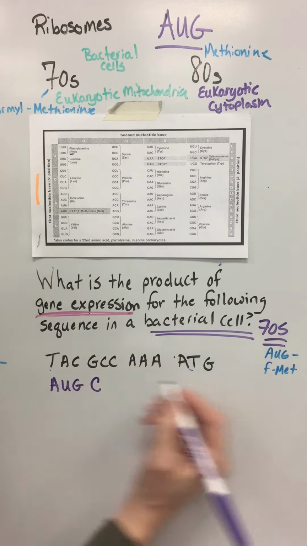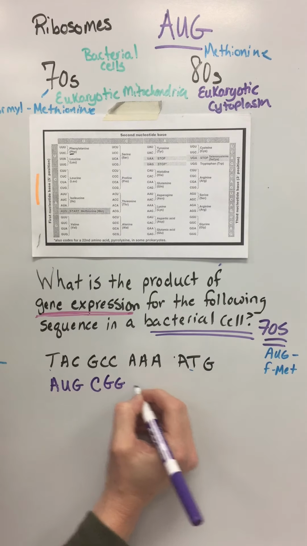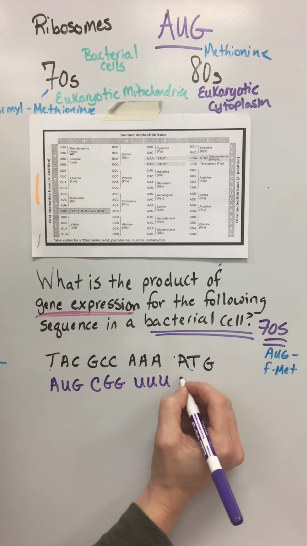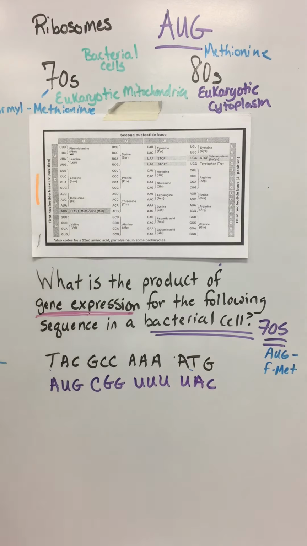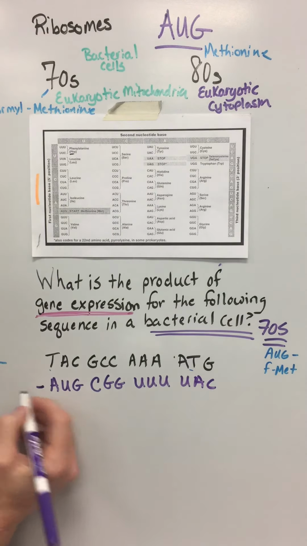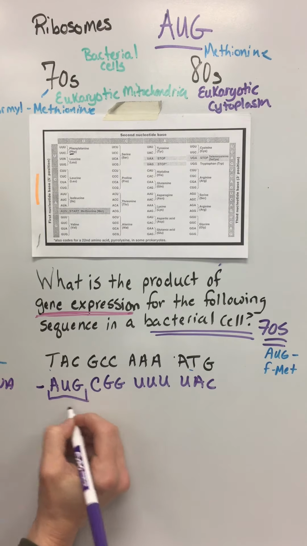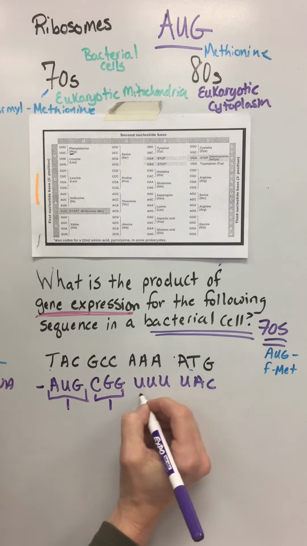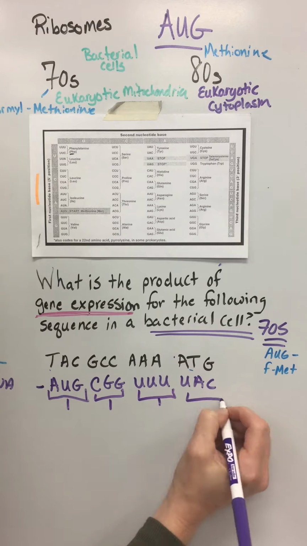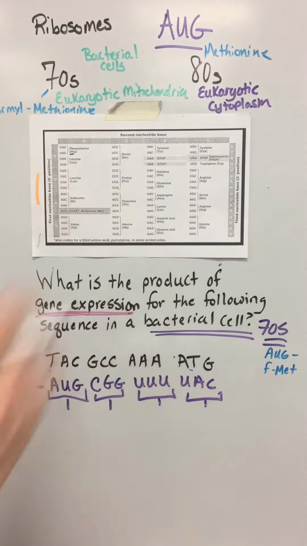So you just continue to carry out that process. And there's your mRNA sequence. So this is what we are going to read. These are codons. Each set of 3 is a separate codon. And that's what we find in the genetic code, the codons represented from the mRNA message that's read by the ribosomes.